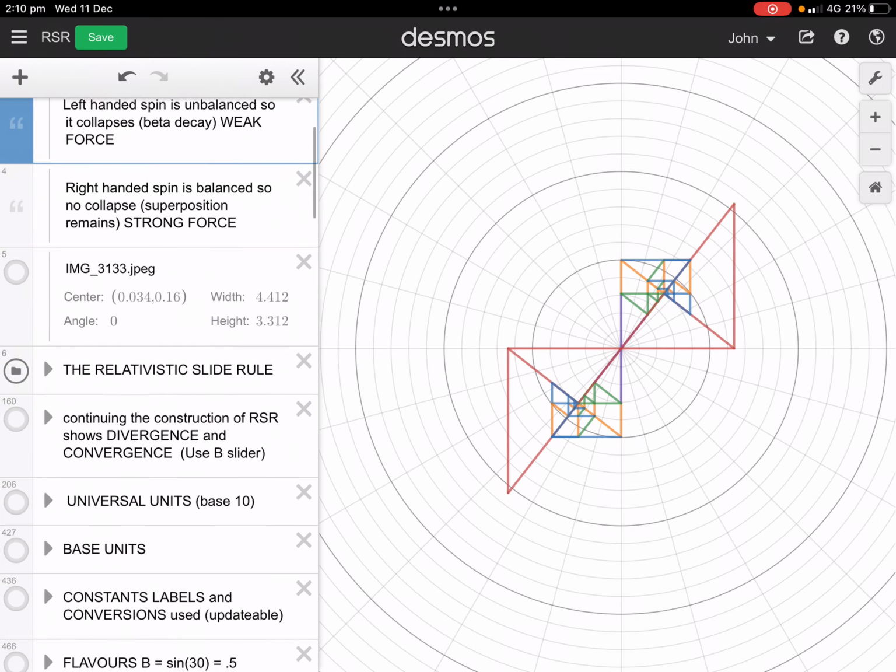And then I've got a cartoon here where I've just shown the beta values of cosmological and microscopic particles and how they compare.